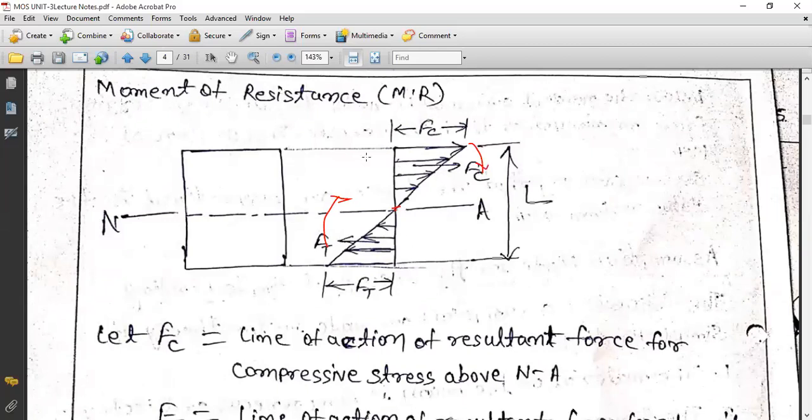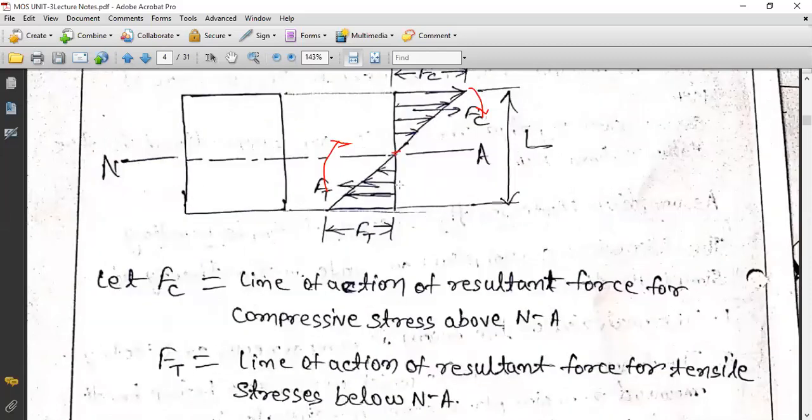If this movement of both is resisted by the internal force, that is called the moment of resistance. If this moves in this direction and this moves in this direction, the resultant force acting on them resists this movement.